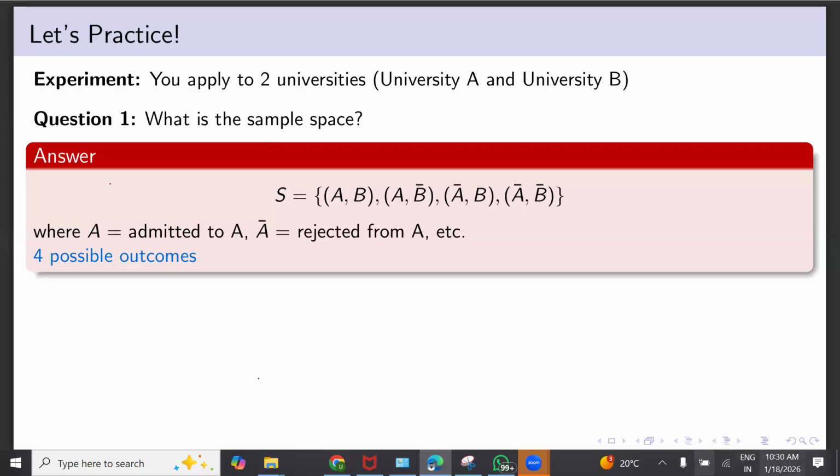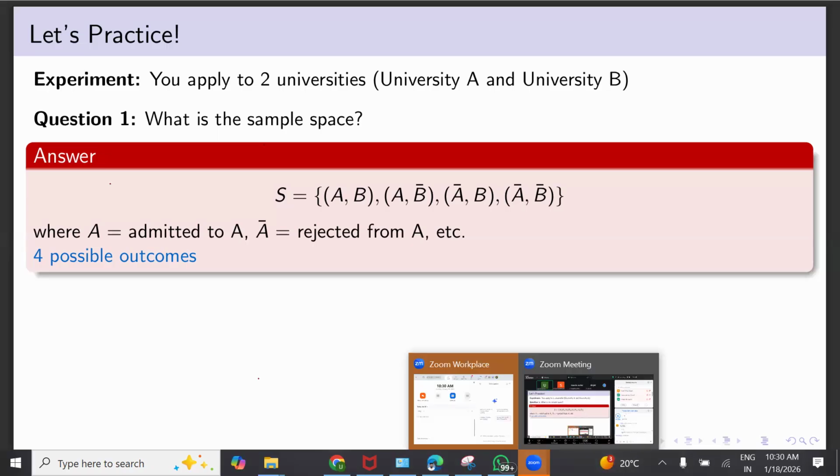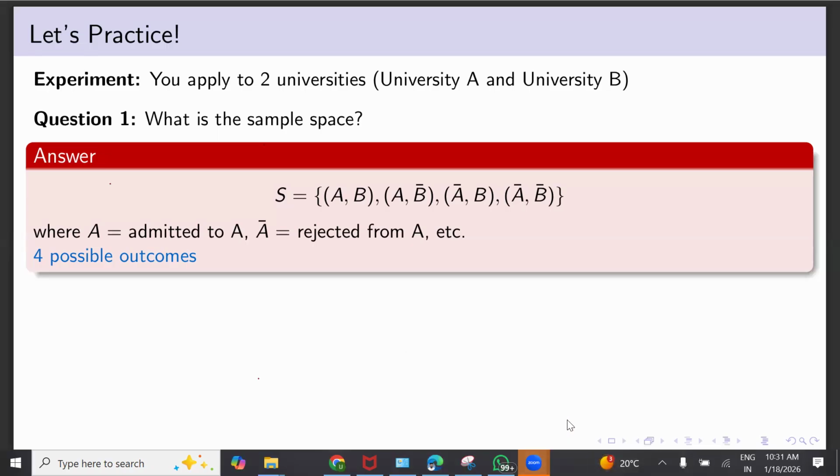But now let's try to listen. Madhusmita, what made you answer A and B? Is my answer wrong or your answer is wrong? Sir, my answer is wrong. Actually, I do not recall, there are 4 possibilities.